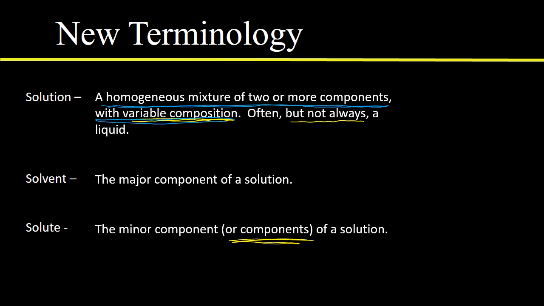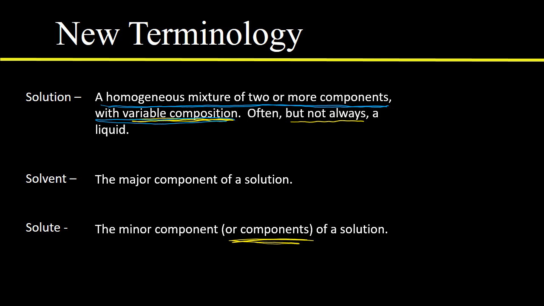If you go in the lab, you can take sodium chloride, dissolve it in water, and you'll have a very simple solution where the water is the solvent and the sodium chloride is the solute. But you can have much more complicated solutions like apple juice, where the solvent is going to be water again, but there are many solutes. There are all of the flavored molecules that come from the apple.